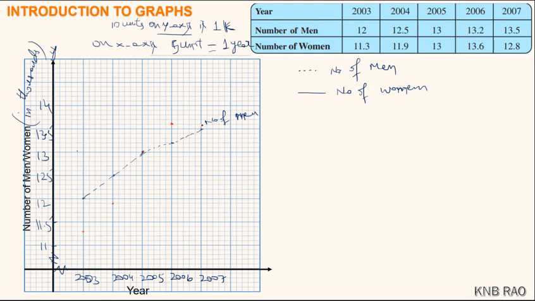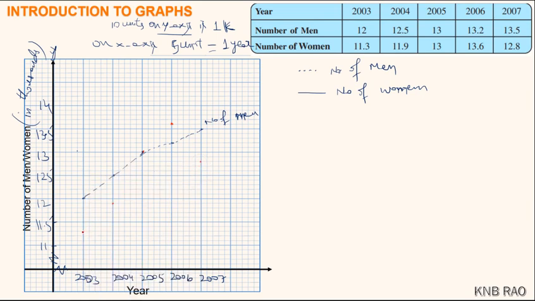Sorry, it is 11.3, 11.9, 13, 13.6 and 12.8. So 12.8 is 13 and below that here 2.